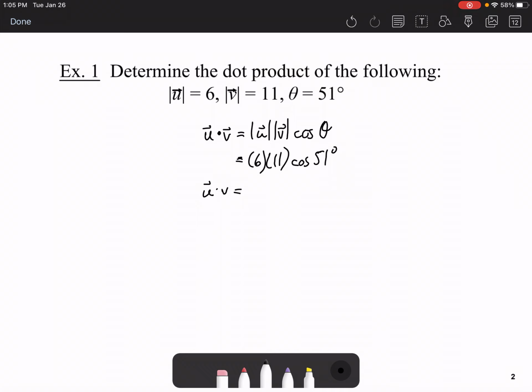So the value of u dot v turns out to be approximately 41.5 units. We'll talk about the units later.